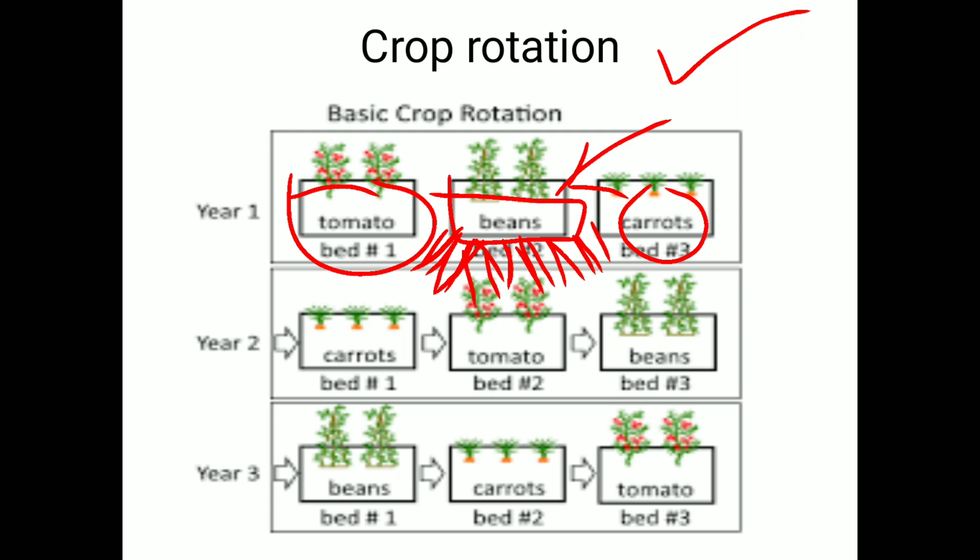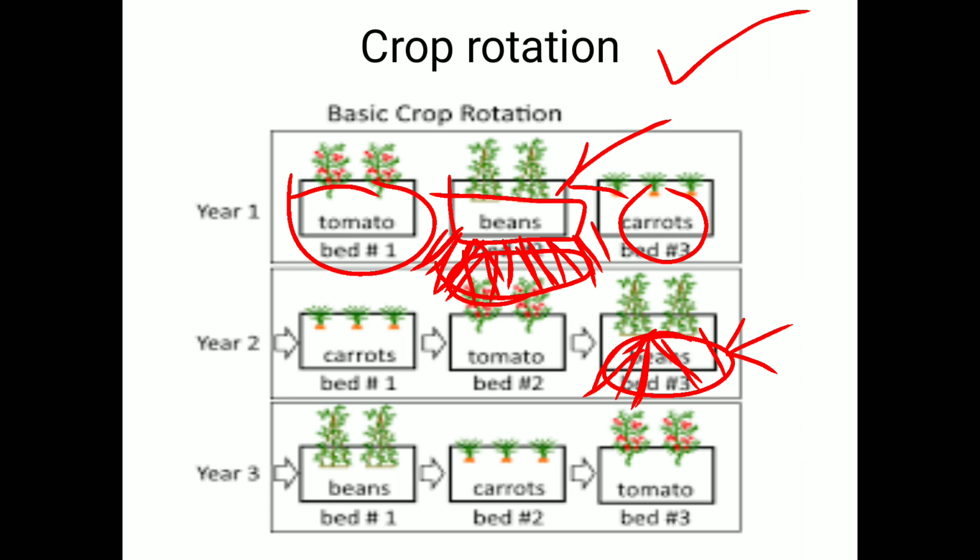Then some crops, during their growth, secrete toxic metabolites through their roots. When soil-borne pathogens come in contact with such toxic metabolites, the harmful pathogen is killed.